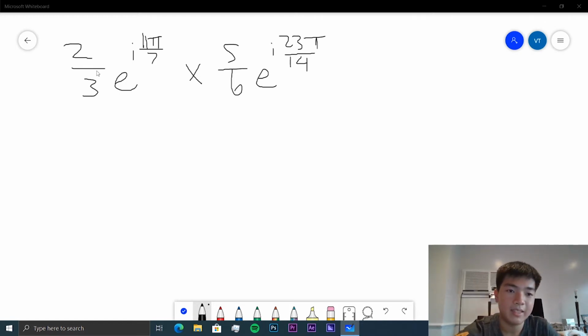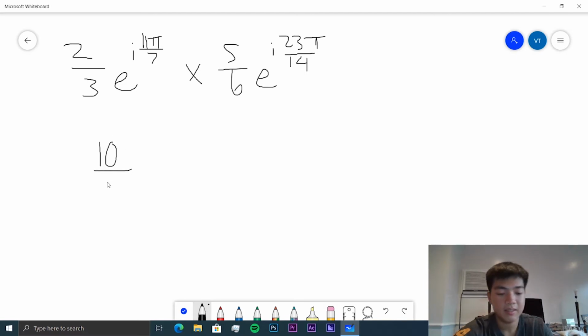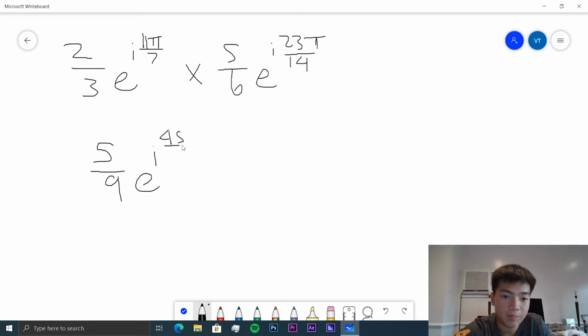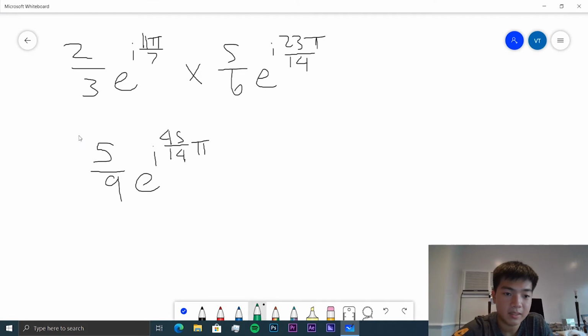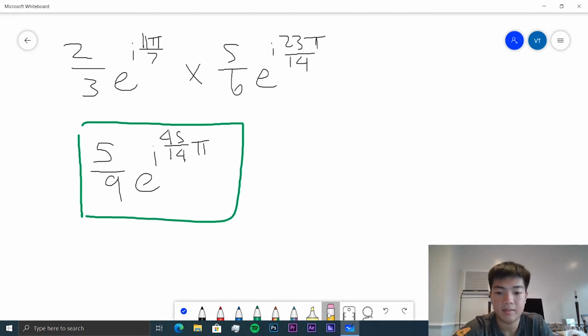So again, to multiply this, we multiply the moduli, so that would be 10 over 18, so that would be 5 over 9, e to the i, and then we add the two arguments together. So this would be 22 plus 23, which is 45 over 14 pi. Yep, that is correct.